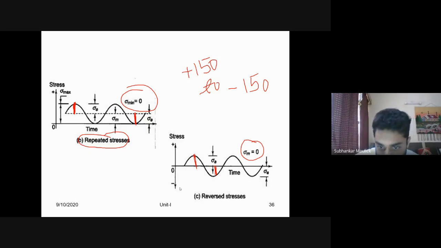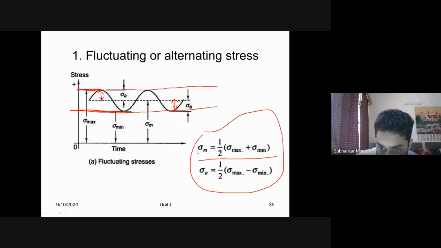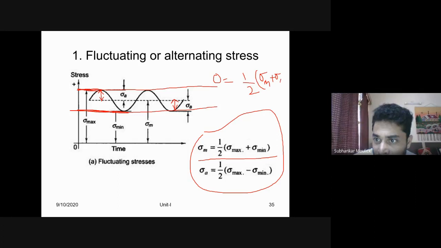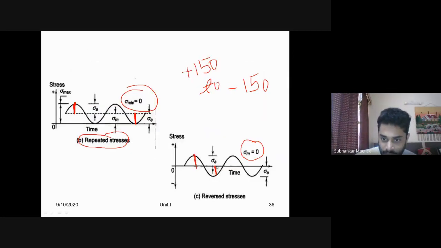If sigma mean is 0, then 0 is equal to half times sigma max plus sigma minimum. So sigma max is equal to minus sigma minimum.